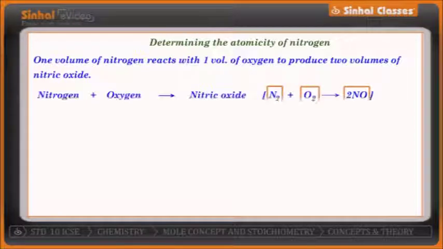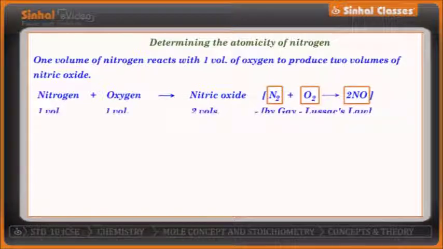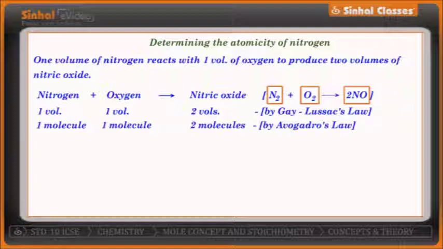Nitrogen plus oxygen gives nitric oxide, that is N2 + O2 giving 2NO. So one volume of nitrogen combines with one volume of oxygen giving two volumes of nitric oxide, according to Gay-Lussac's law. Now by Avogadro's law, since the volumes are the same, they should have the same number of molecules.